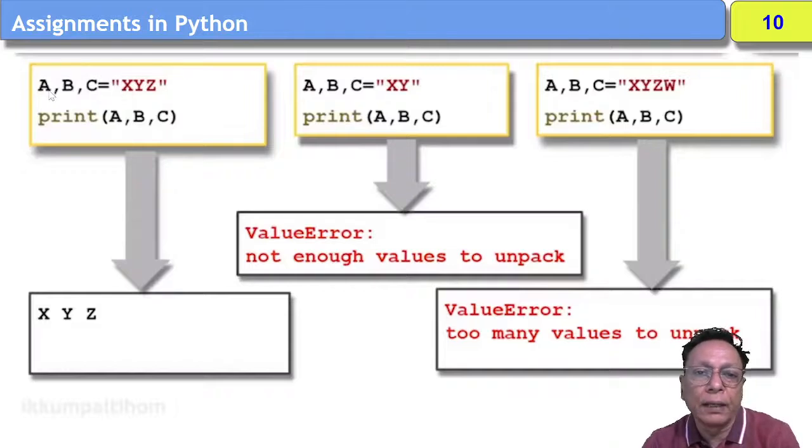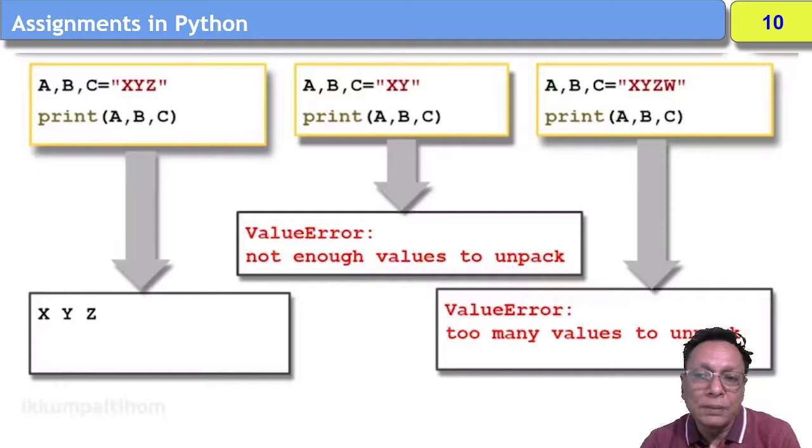X moves to A, Y moves to B, and Z moves to C. There is a balanced number of literals on the right side and identifiers on the left hand side of the assignment operator, so there will be no error at all.